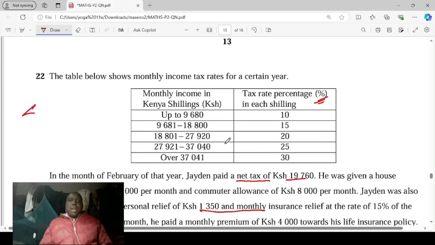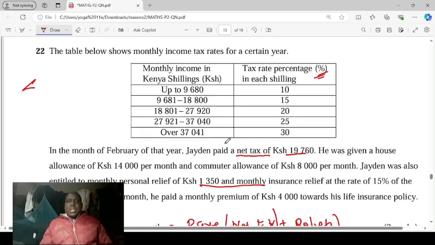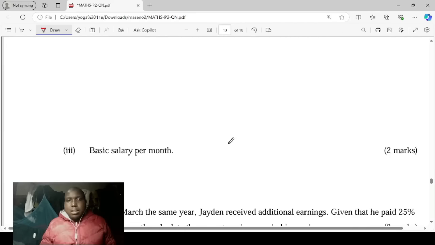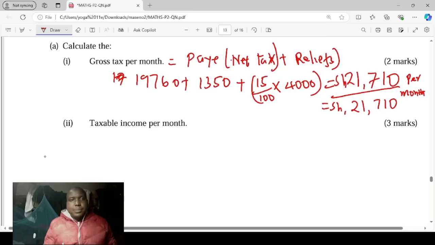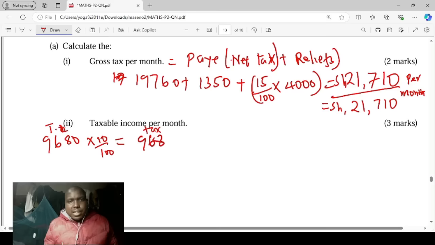The first slab is up to 9,680, so we start there: 9,680 times 10 over 100, and we get the tax, which is 968. Remember, this is the taxable income, and this is the tax. That is what confuses people. The first is the taxable income, the second is the tax paid. When we add them we get the gross tax.